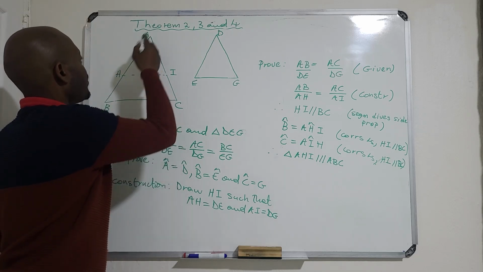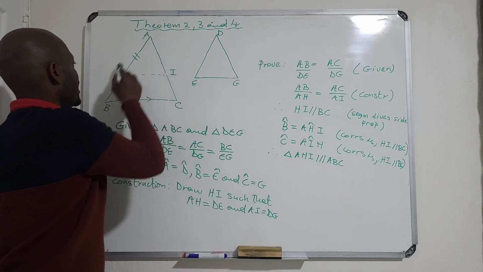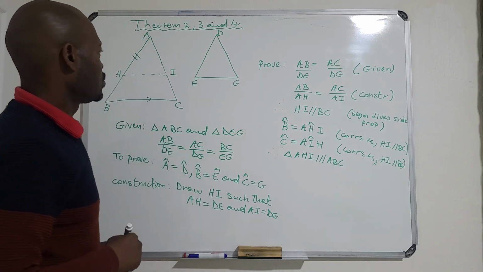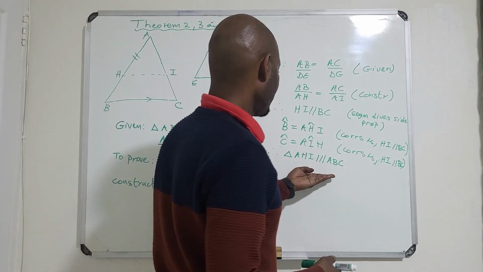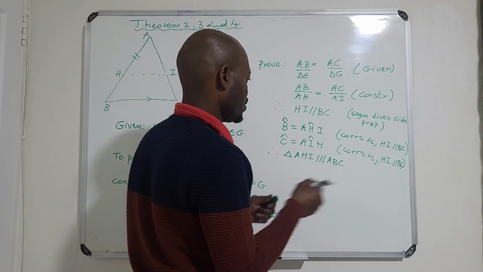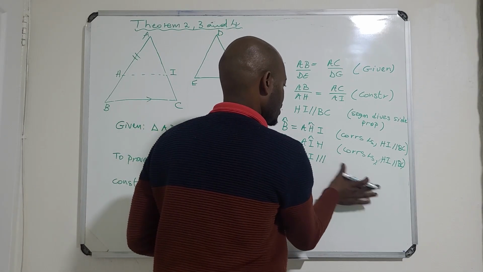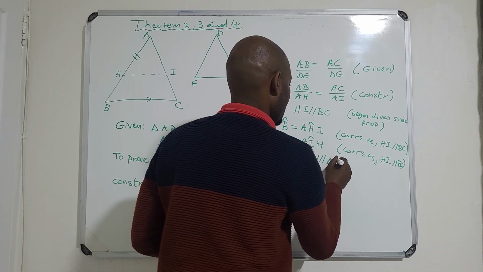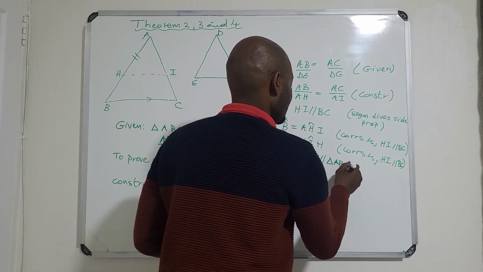Since this triangle is similar to this triangle, we know that the two triangles are equiangular triangles. I need to put triangle AHI is similar to triangle APC.